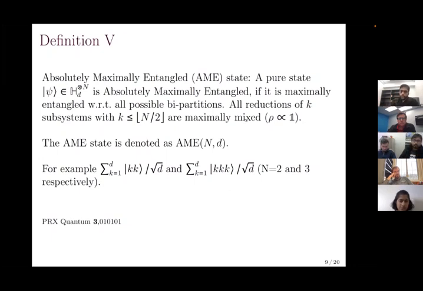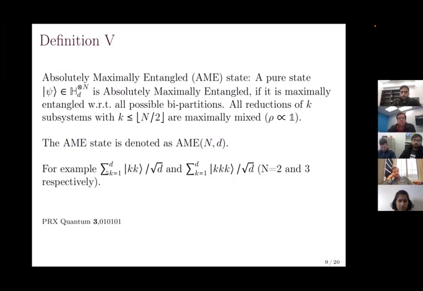So if you take reductions of k subsystems with k less than or equal to n over 2, the corresponding density matrix will be proportional to the identity matrix. This absolutely maximally entangled state is denoted as AME(n,d), where n is the number of systems and d is the dimension of each system.